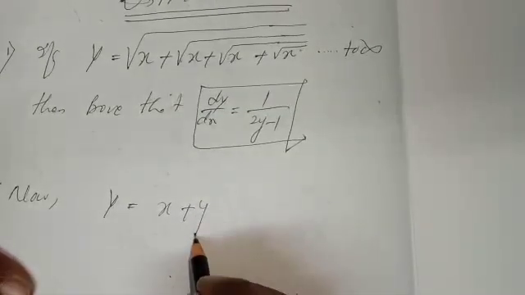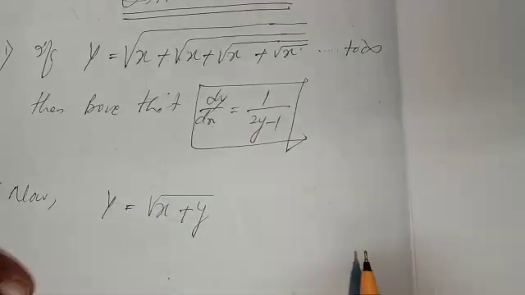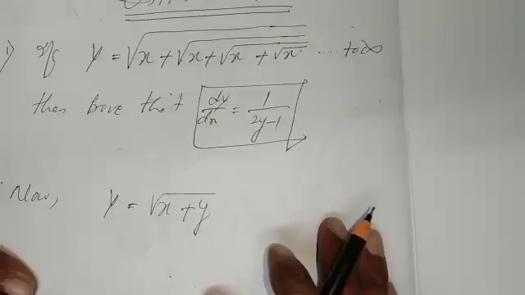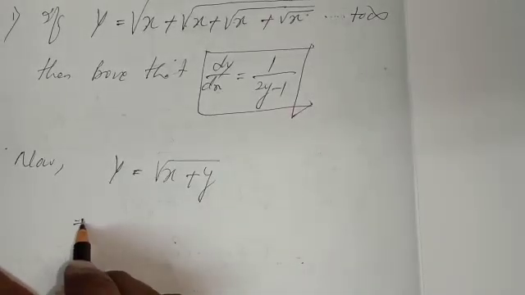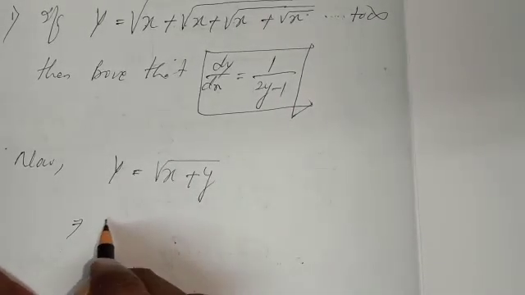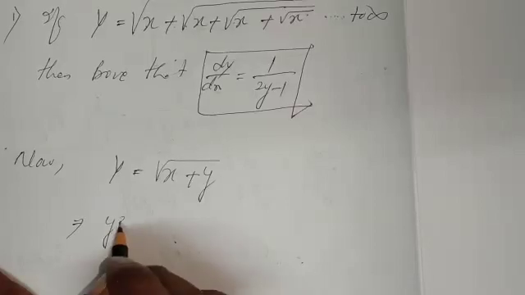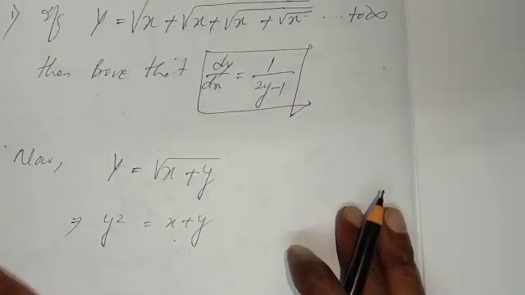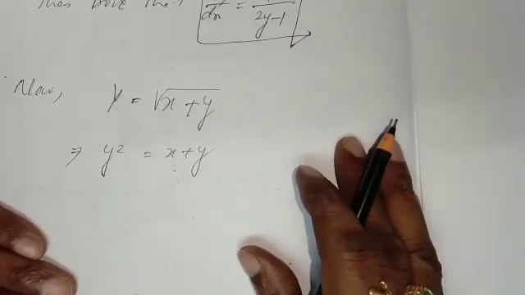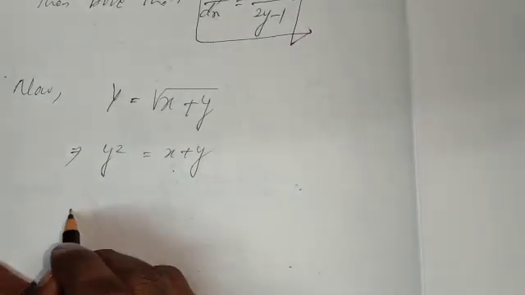No problems. Okay. After that, squaring both sides, this will be y square and this will be x plus y. And you have to find out the value of dy by dx.